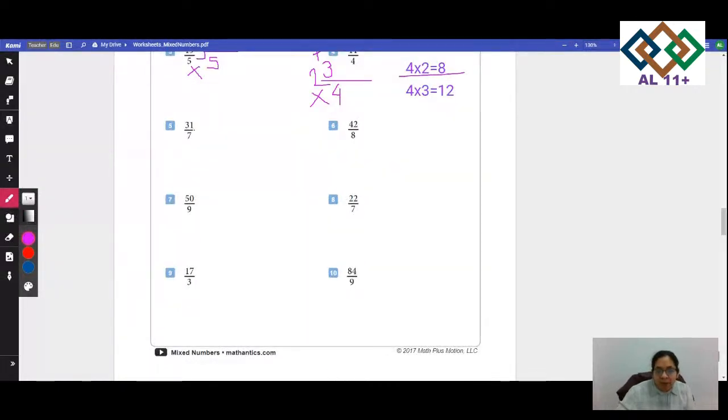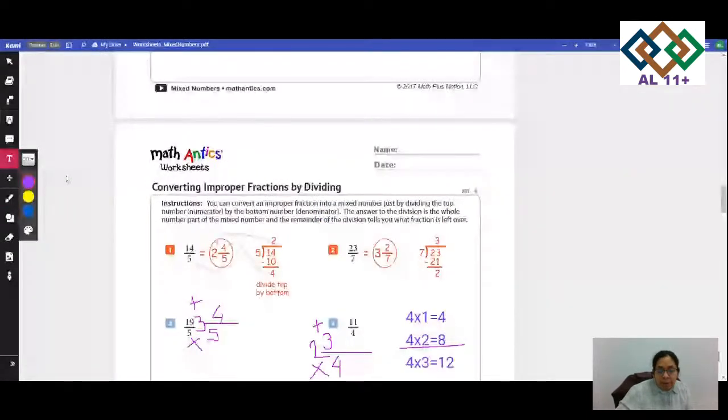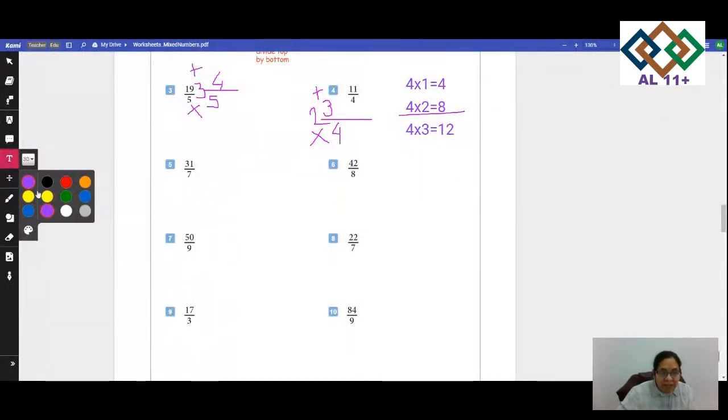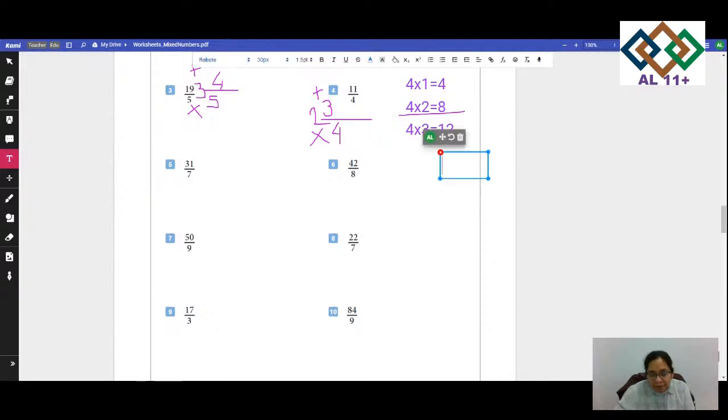So the next one now is 31 by 7. So you need to know your tables really well when you're doing improper fractions. You need to know your tables really, really well. So let's try doing this one now. So we need to know the sevens table now. 7 ones are 7. 7 twos are 14. 7 threes are 21.